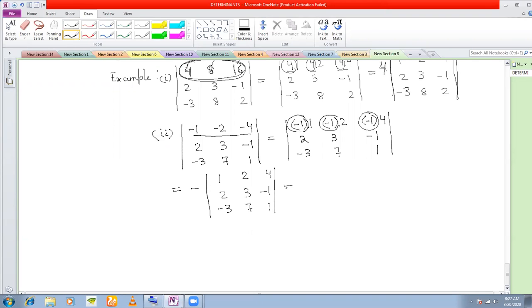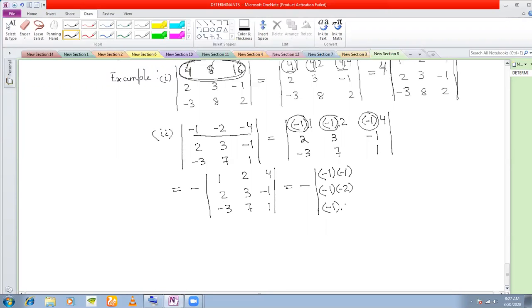Now suppose I want to take minus out from the first column. So I write minus: 1 can be written as -1 into -1, 2 can be written as -1 into -2, and this can be written as -1 into 3.